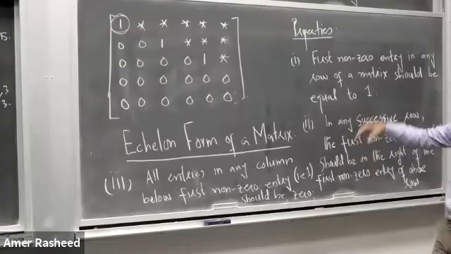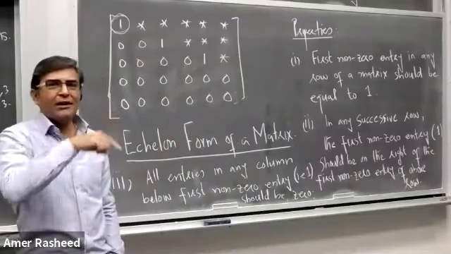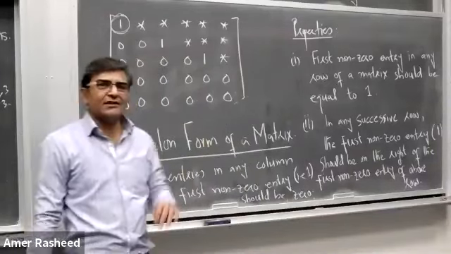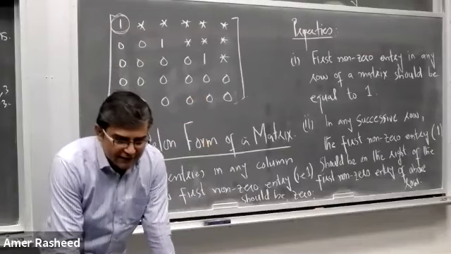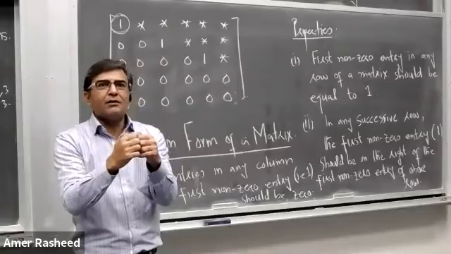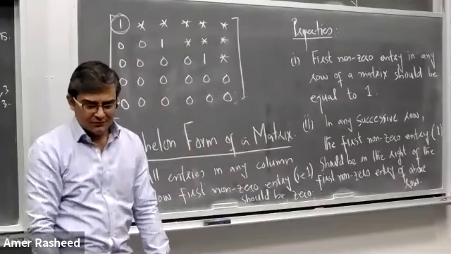I have written that in the next successive... No, let me finish with him. Now, in any of these three properties, is this written somewhere, that the one in the next row should be immediately on the right hand side of the previous row? Yeah, it is in the second point of the properties.